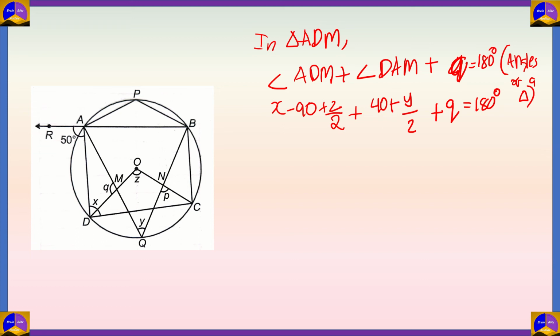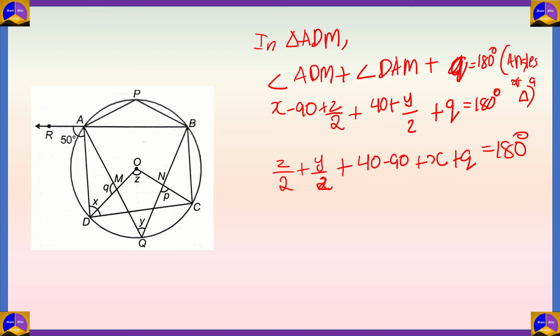Now if we group them up according to fractions, Z by 2 plus Y by 2 plus 40 minus 90 plus X plus Q is equal to 180 degrees.